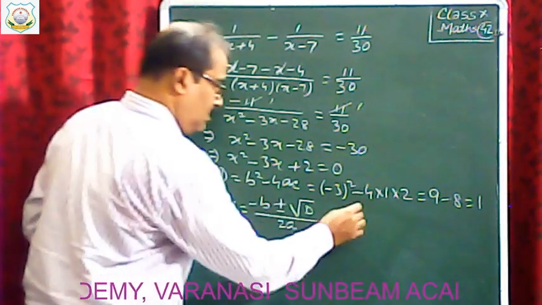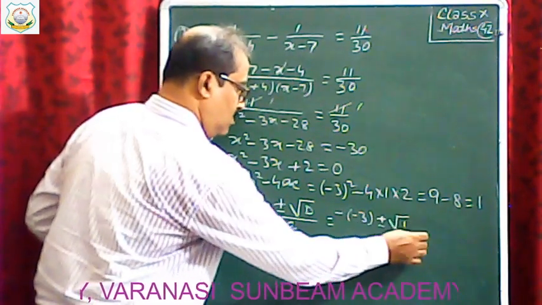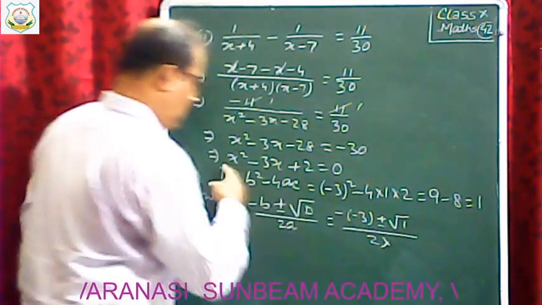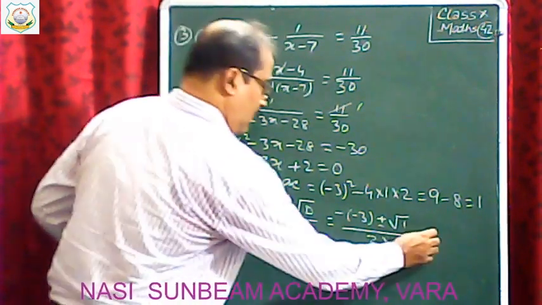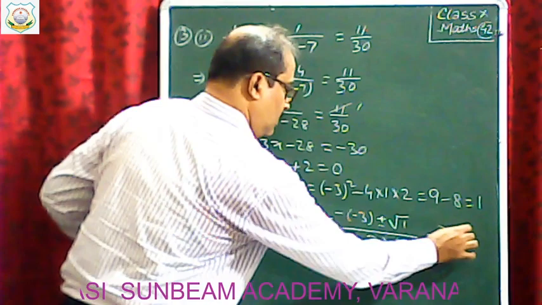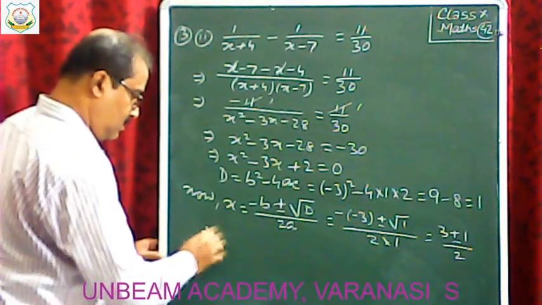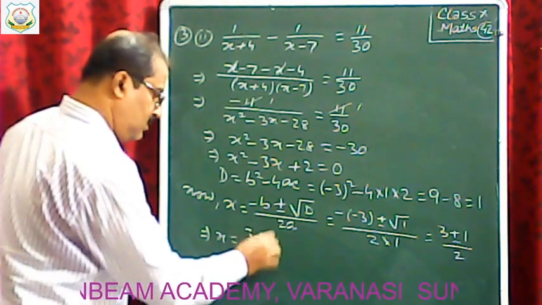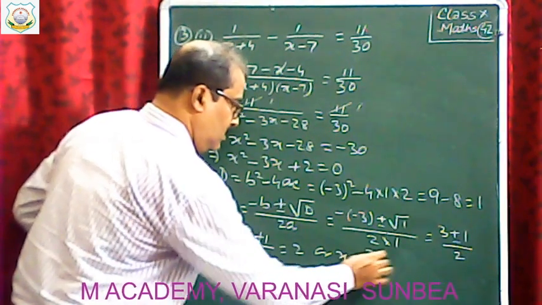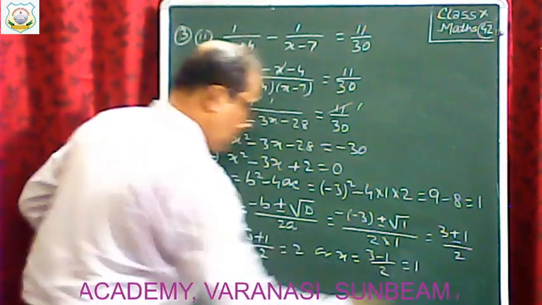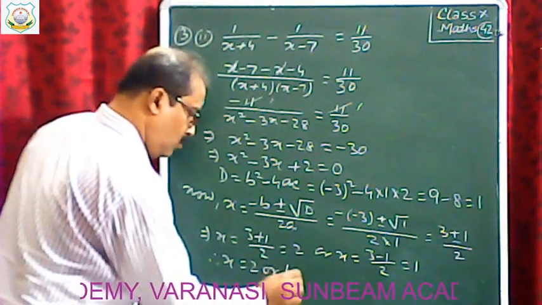Minus of minus 3, plus minus square root D. D is 1. Whole upon 2 into a, which is also 1. Finally we get 3 plus minus 1 whole upon 2. Now separate. x equal to 3 plus 1 whole by 2 equal to 2, or x equal to 3 minus 1 whole by 2 equal to 1. Therefore x equal to 2 or 1.